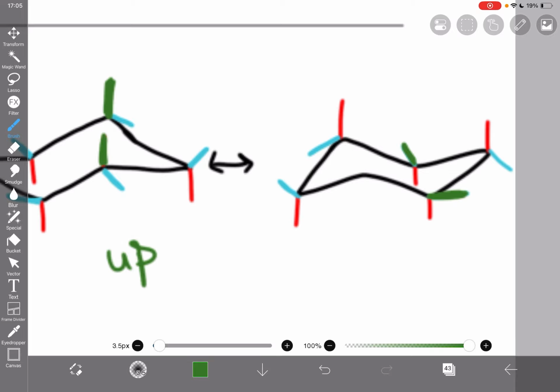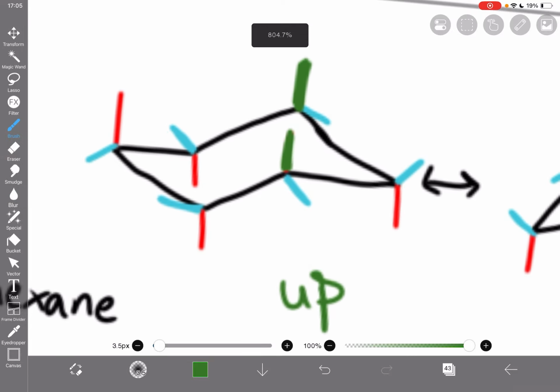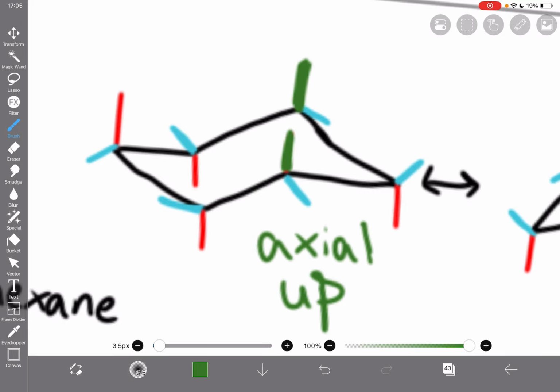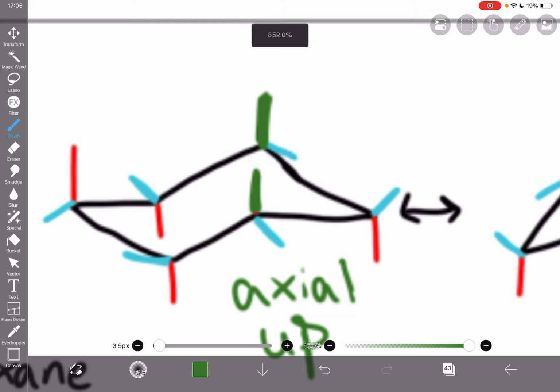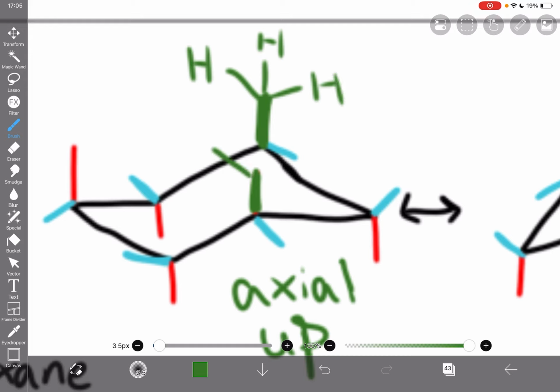Up here, up here. Except over here, these ones are axial. And what's going on with our large substituents here is they have hydrogens. And that is going to cause a lot of steric hindrance.